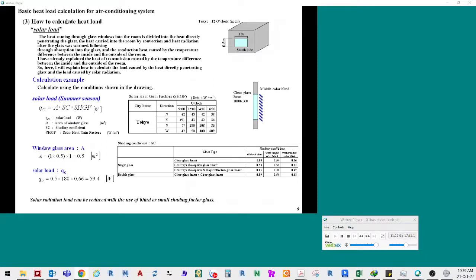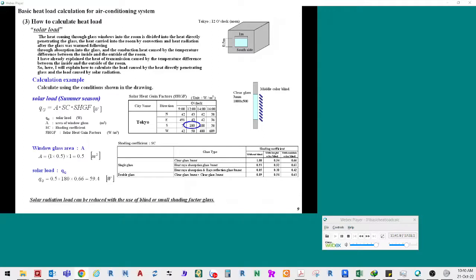Multiply the area of the window by the solar radiation heat load through the window and the shading coefficient. Calculate using the conditions shown in the drawing. The window faces the south. The area of the windows is 0.5 square meter. In Tokyo at 12 o'clock, the standard solar gain of a window is 180 watt per square meter.